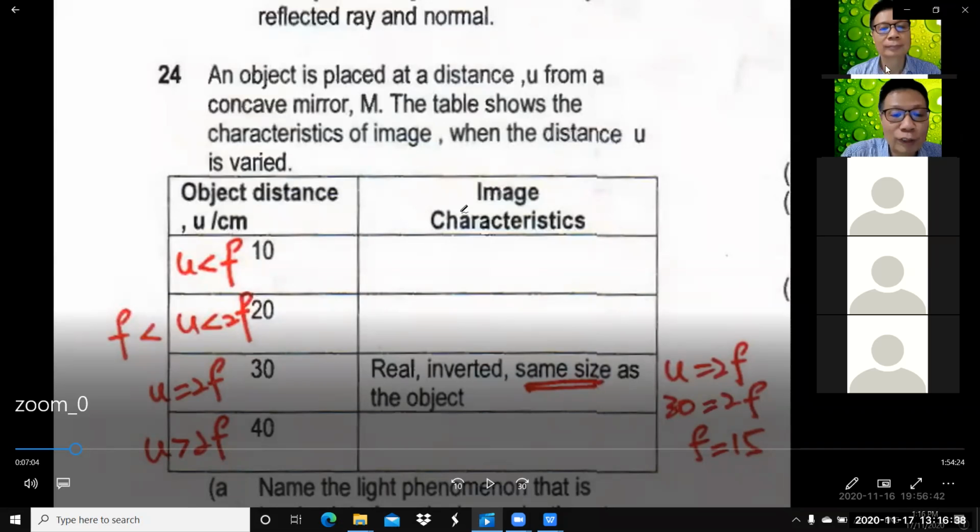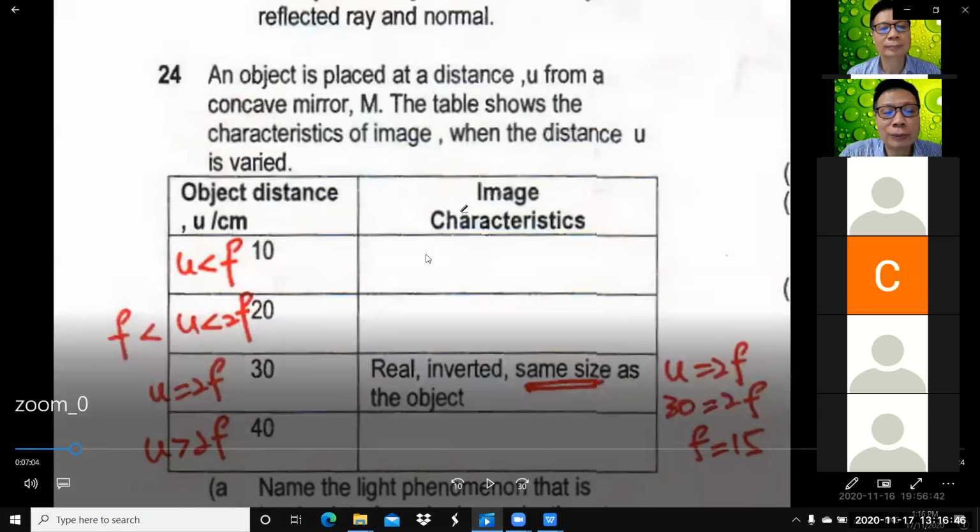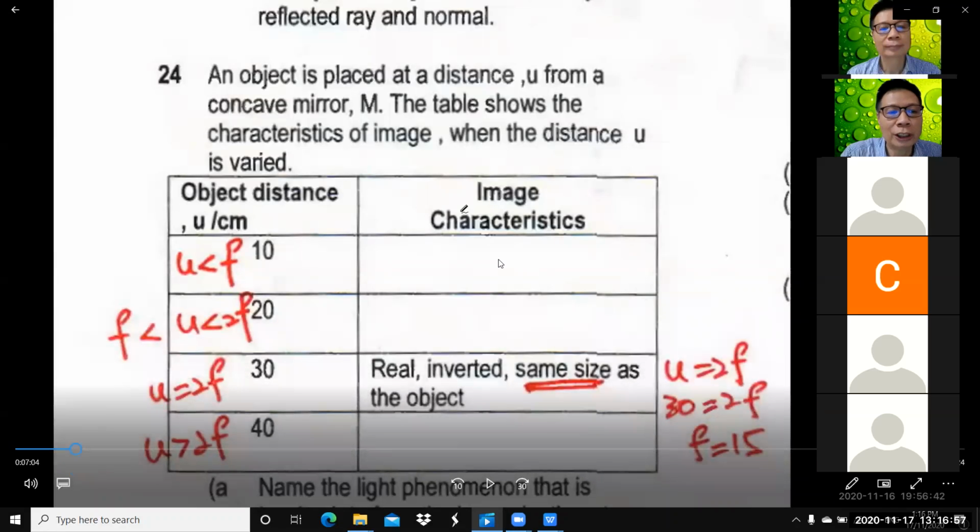Okay, first person, Caleb, can you please come up? Caleb, can you answer the first one? U smaller than f, what is the answer? Virtual image, upright and magnified. Yes, correct.